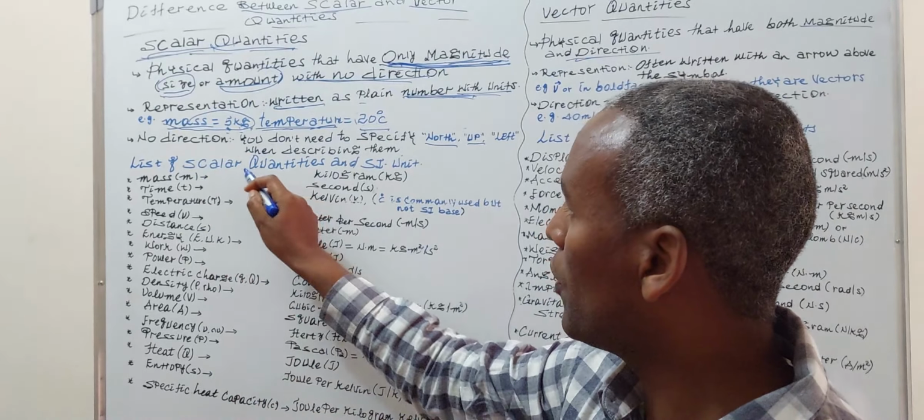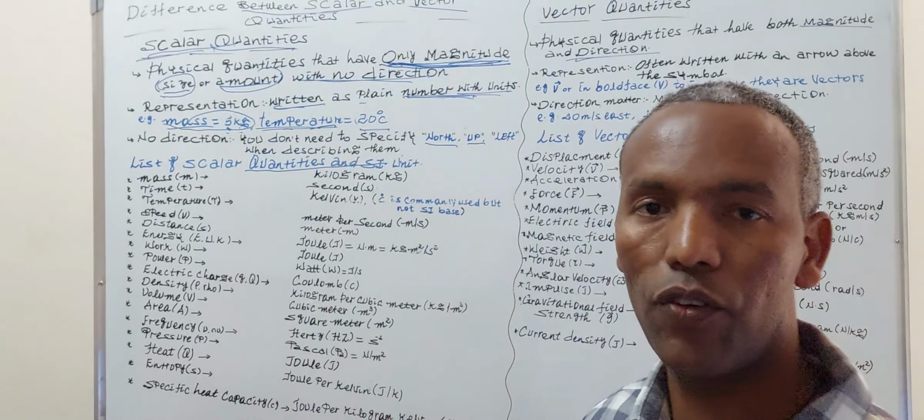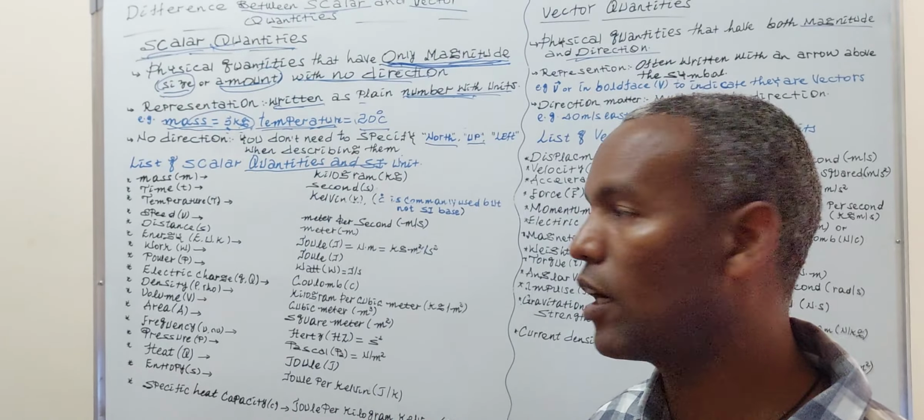Here is a list of scalar physical quantities with their SI units. The first is mass, and the SI unit of mass is kilogram, which we express by kg.